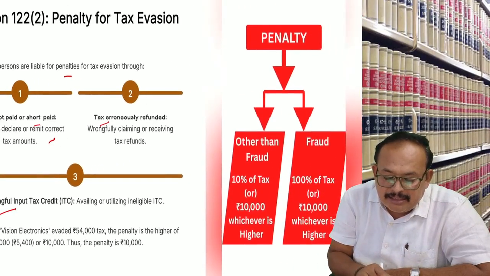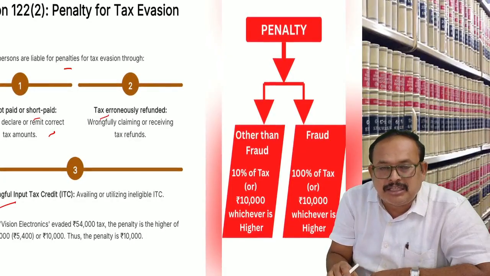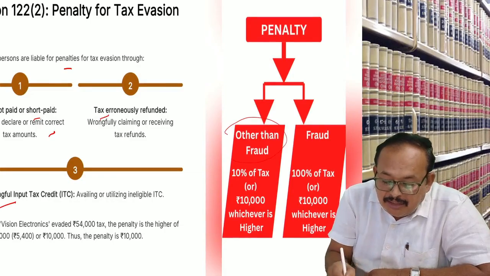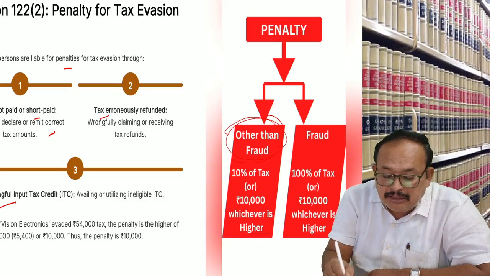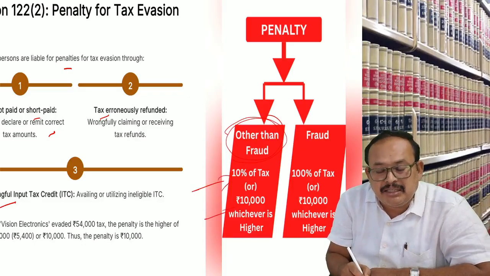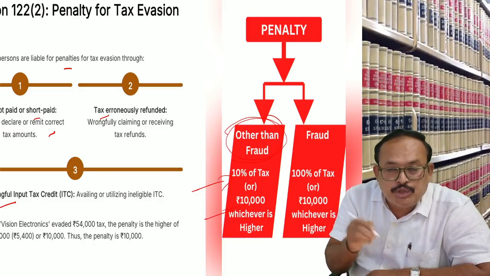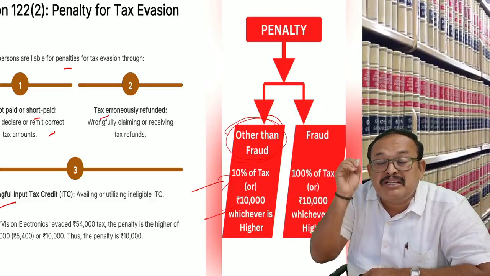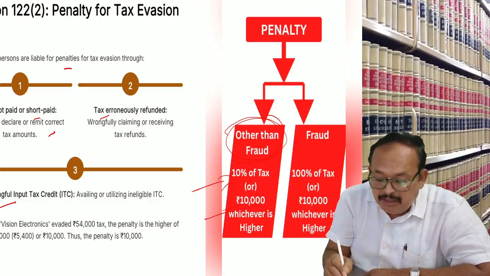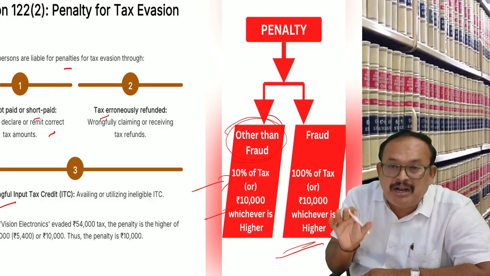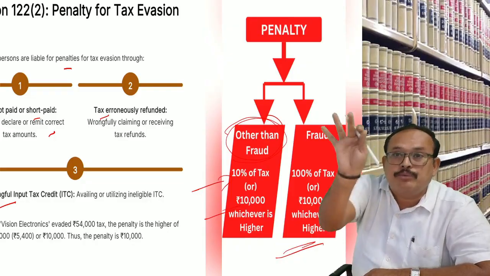In that case, the penalty under section 122 subsection 2, for reasons other than fraud, if there is no fraud, is 10% of tax or rupees 10,000, whichever is higher. Under section 122, if the penalty is to be imposed for non-payment of tax for reasons of fraud, it is 100% of the tax or 10,000, whichever is higher. This is the penalty under section 122.